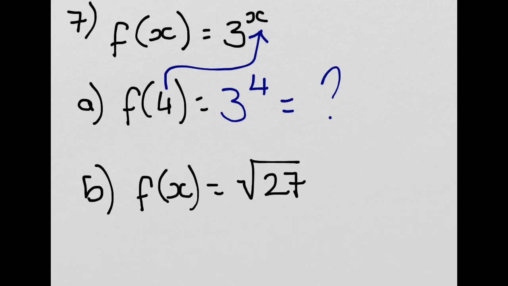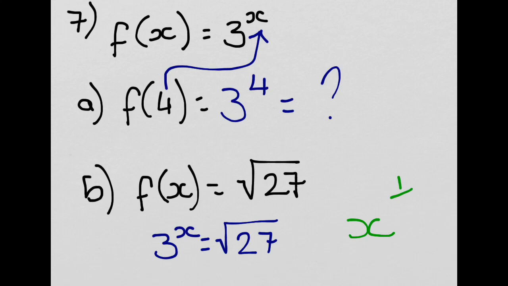And for part B we're told that f of x is equal to the square root of 27, so that means that 3 to the power of x is equal to root 27. Now the square root has a special power, which is to the power of a half.